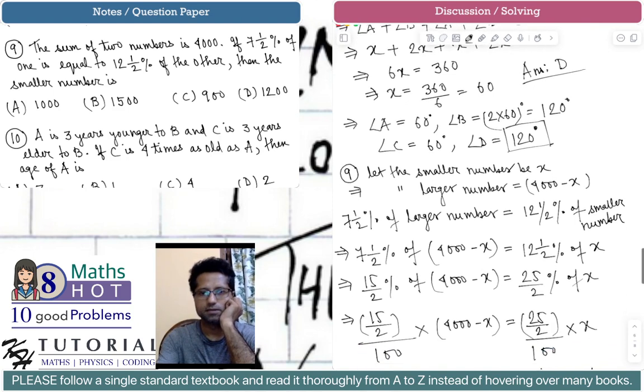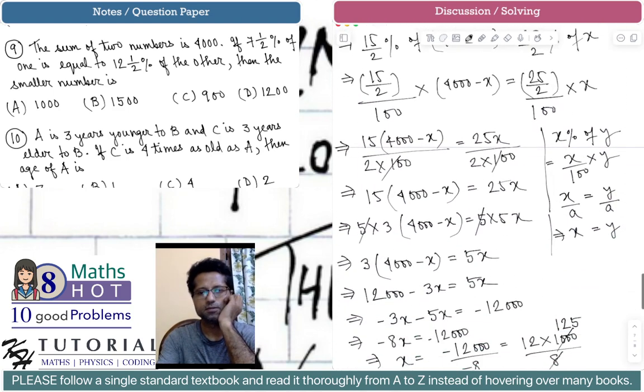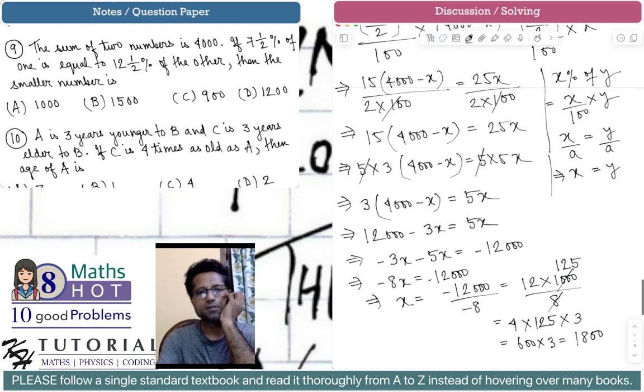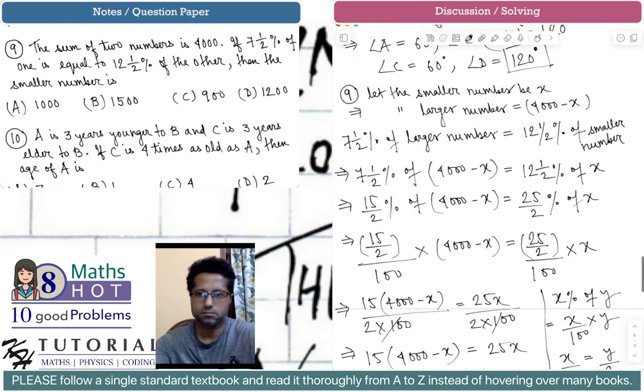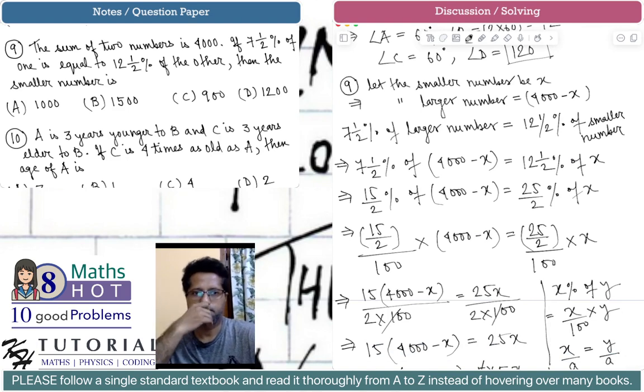The smaller number is 1800, and it is not matching with any of the given choices. So there is a possibility that I have made some mistake. Okay, let's see. We assumed the smaller number to be x, so the larger number will be 4000 minus x.